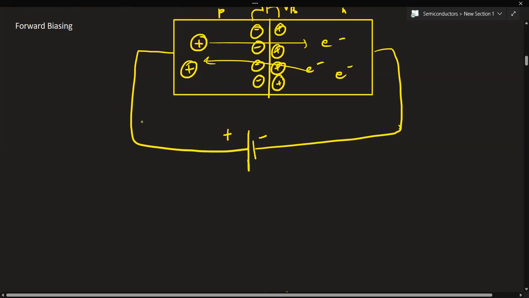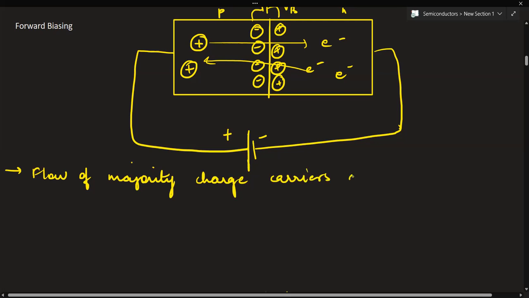So what kind of charges are moving? Majority charge carriers or minority? Majority. So flow of majority charge carriers across the junction occurs. As a result, what happens? Since the respective charges are able to move, what is getting disturbed?